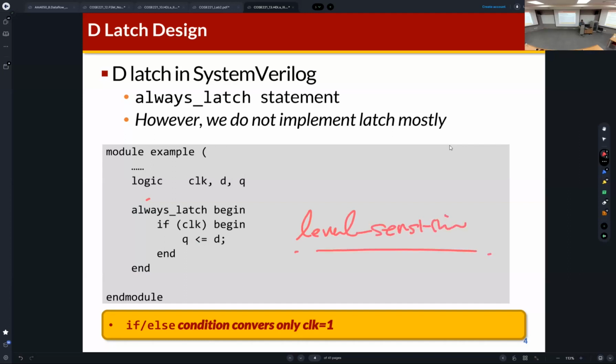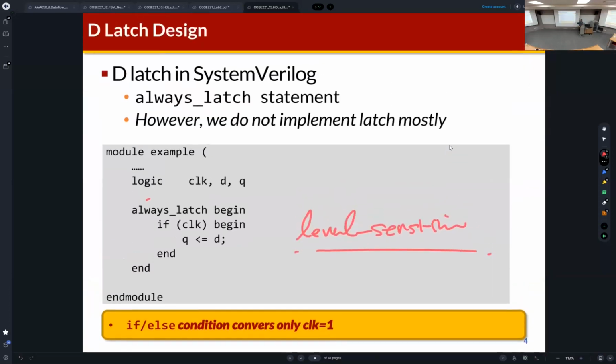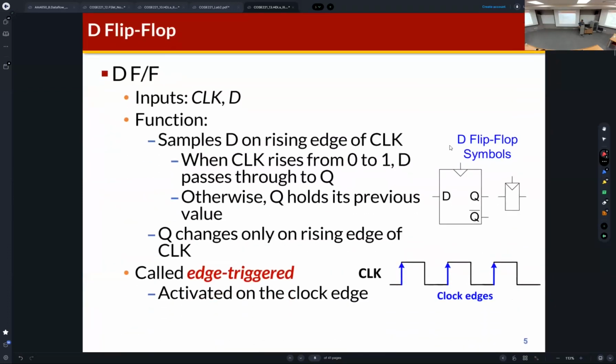If the clock level becomes 1 or 0, then the operation mode is changed, so it is called level sensitive. When the clock is 1, then Q becomes D. It's a memory. And then the flip-flop. We can say that the flip-flop is edge sensitive, right? So the latch is level sensitive and the flip-flop is edge sensitive.